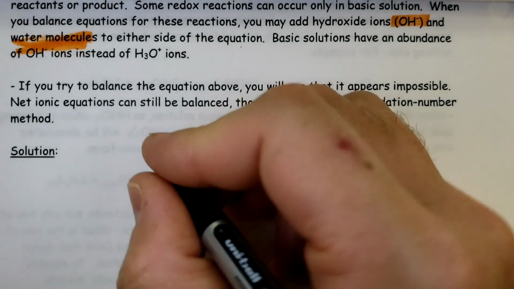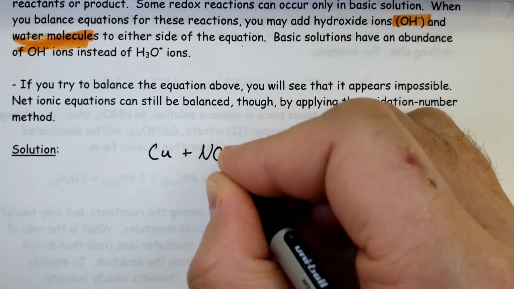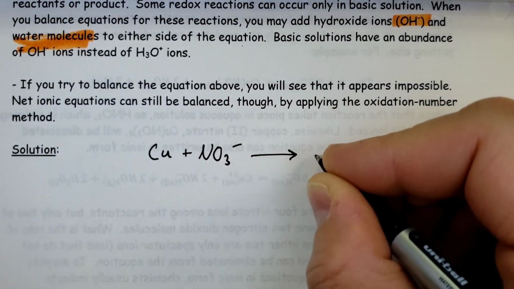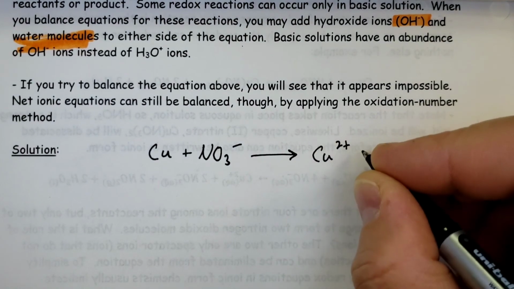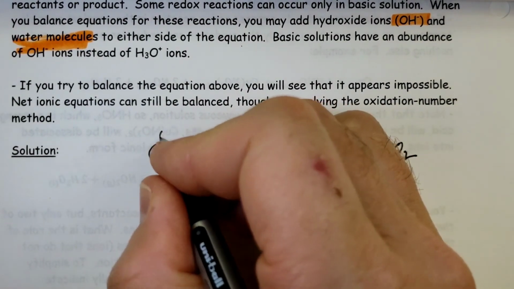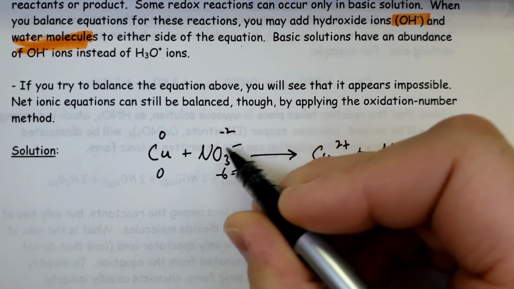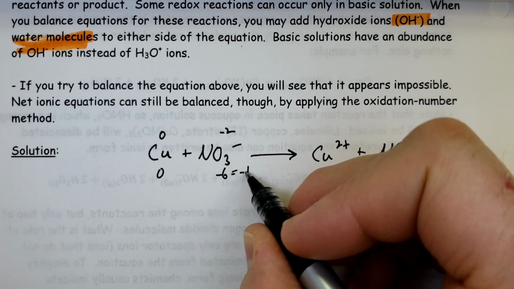So if I just draw that here, if you had been given this to start off with, a net ionic equation, and you tried to balance it, what we did earlier here is we wrote down the oxidation numbers, right? Charge of -1, charge of -1.